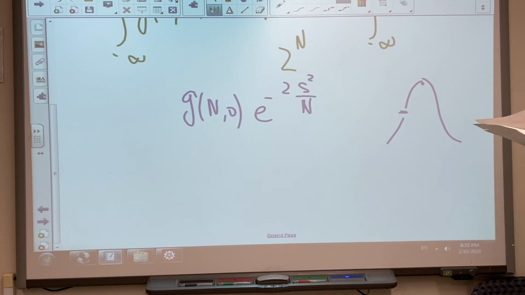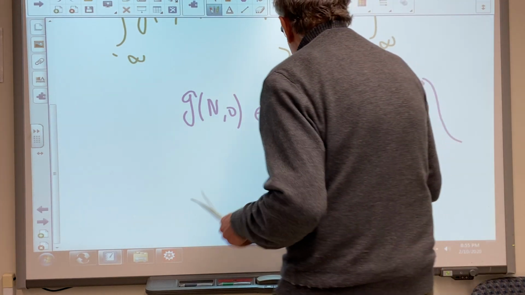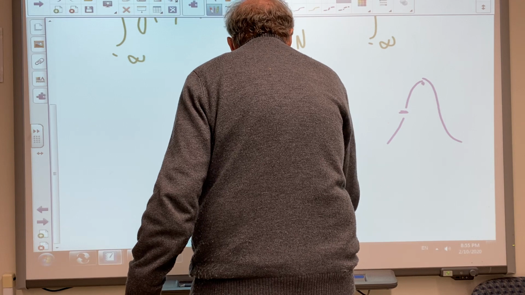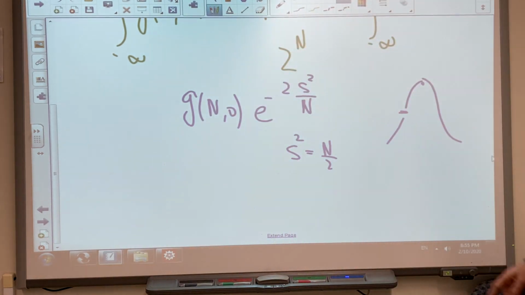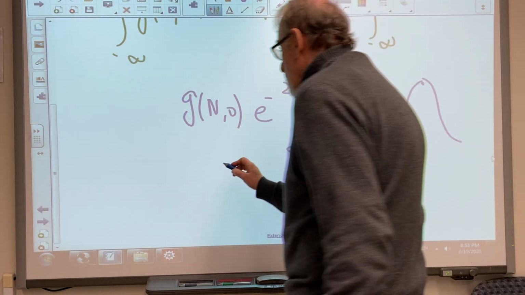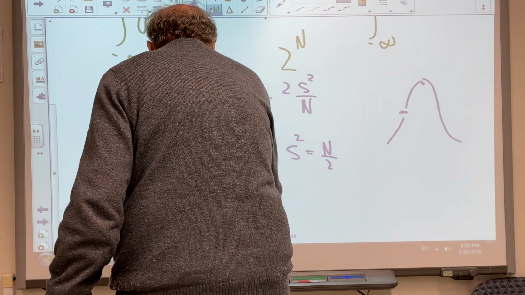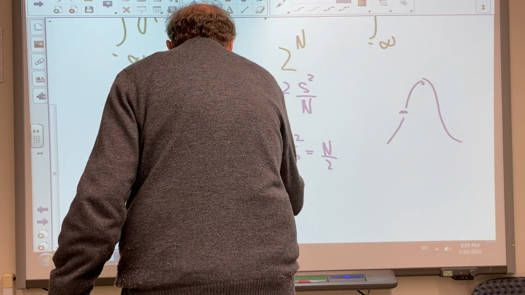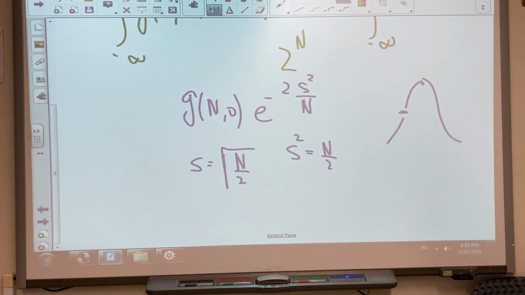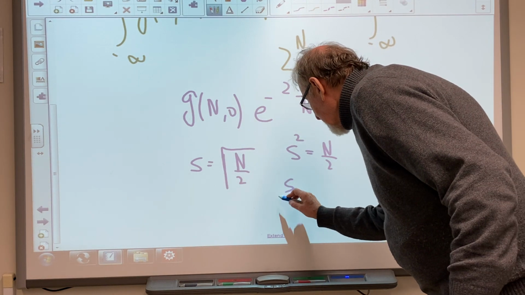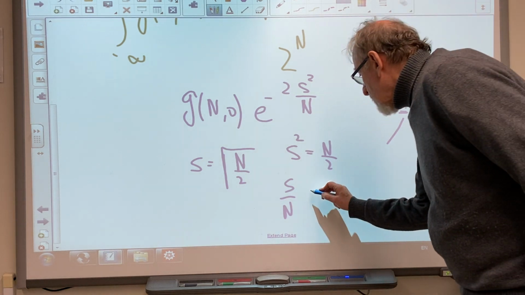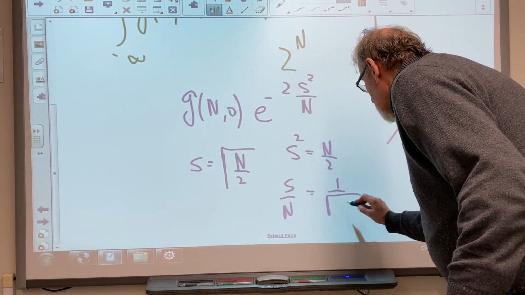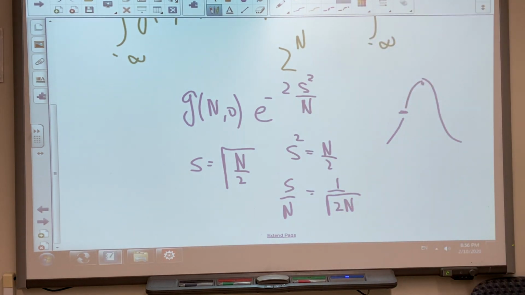So that tells you this will happen when s squared is of order n over 2, or when s is of order square root of n over 2. Or s over n, the fraction of spins that points the wrong way, is 1 over square root of 2n.